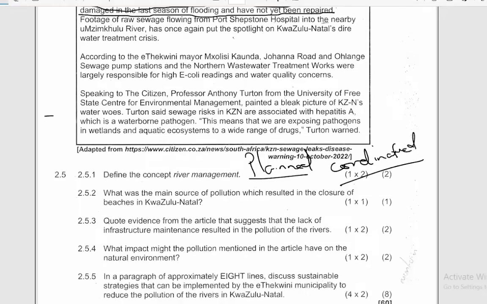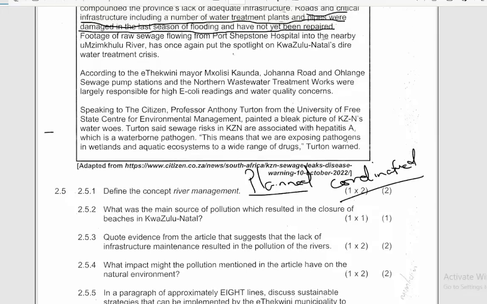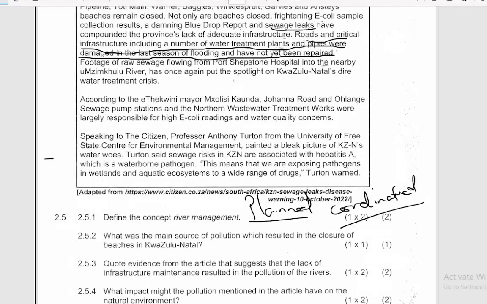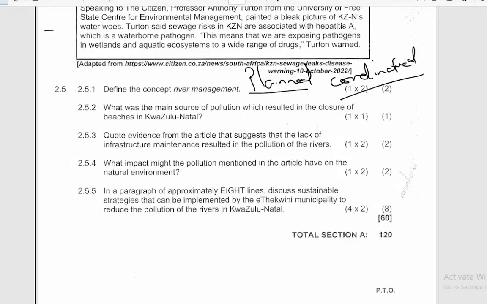The response is relating to a lack of maintenance of infrastructure and is contributing towards pollution of the water bodies. So mainly the pipes which were damaged and were not replaced. It means those water treatment plants and their pipes, they are leaking sewage into the rivers and they are causing pollution. Right, quote evidence from the article, we talked about that, number 254.